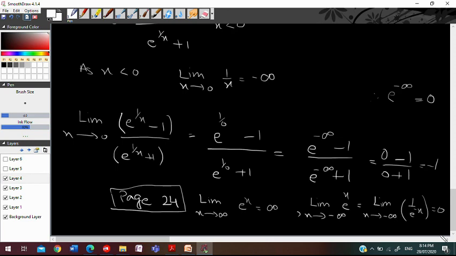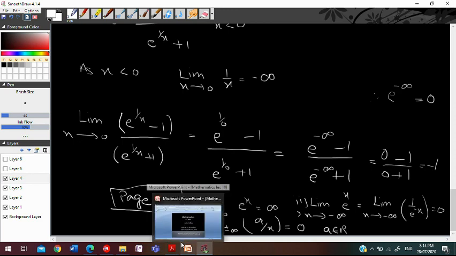And the third result is limit x approaches plus or minus infinity, a divided by x is equal to 0, where a is any real number. So these are the three statements whose results you should keep in your mind, and these are very important for your paper also.